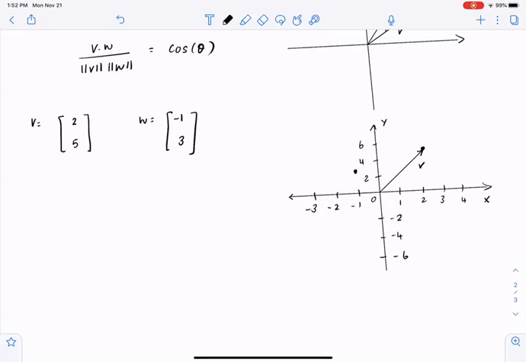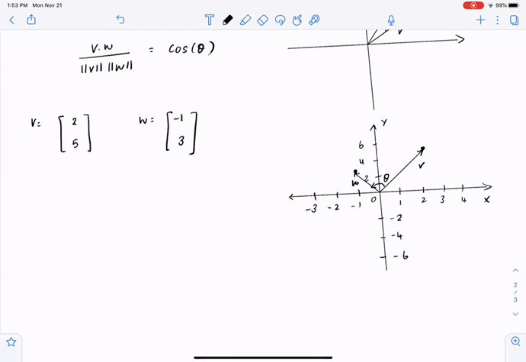That's v. And that is the angle we would have between v and w.